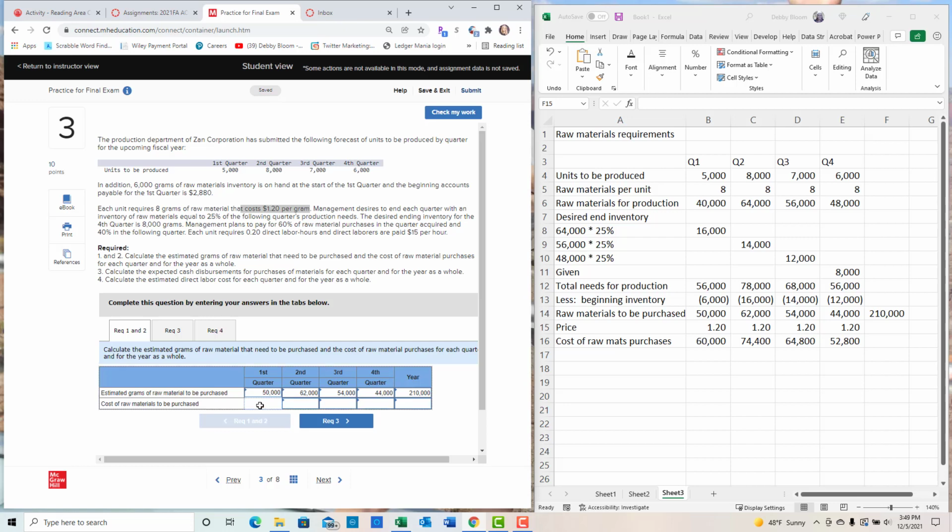And the cost of the raw materials, 60,000, 74,400, 64,800, and 52,800. With the total for the year, just add those four numbers together, $252,000.